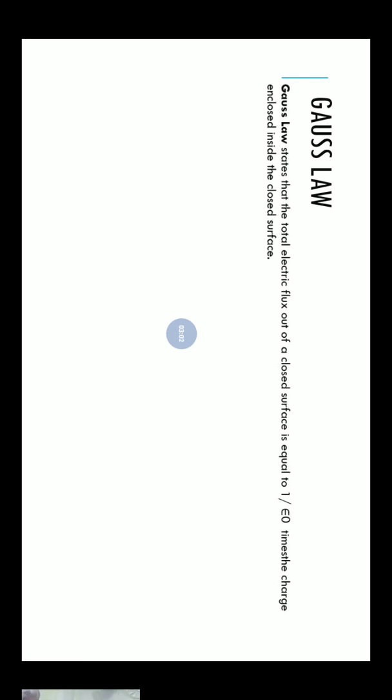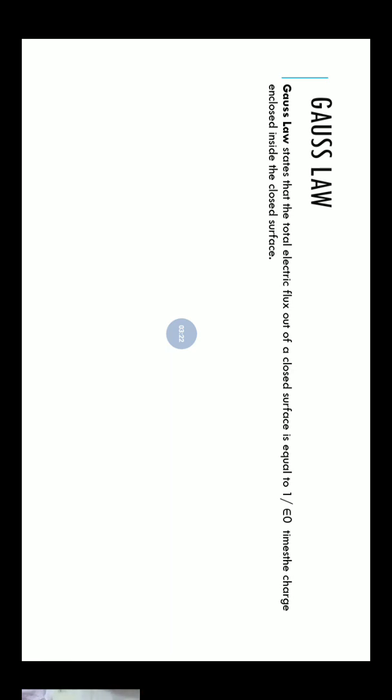Next we will be doing Gauss law. Now what is Gauss law? Gauss law is a theorem given by Gauss, which states that when a closed surface is present and a charge is placed inside the closed surface, the total electric flux coming out of the closed surface is equal to 1 by epsilon naught times the charge enclosed inside the surface.